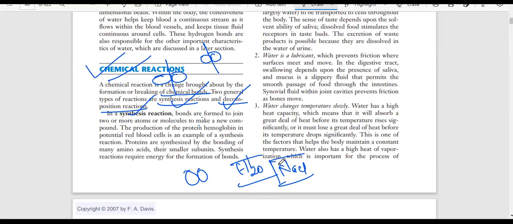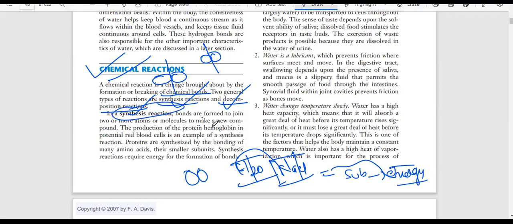So breaking them and combining with another molecule is defined as a synthesis reaction. It may be subunits, it may be any type of reaction that needs energy. To form another bonding of those elements, we need energy. So this reaction is known as a synthesis reaction.